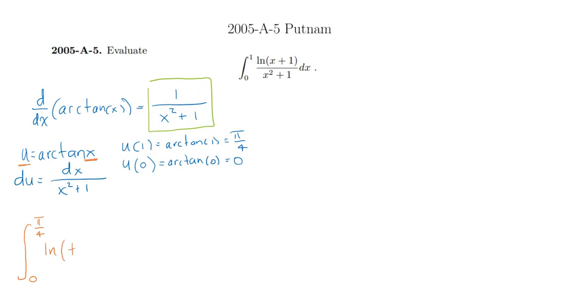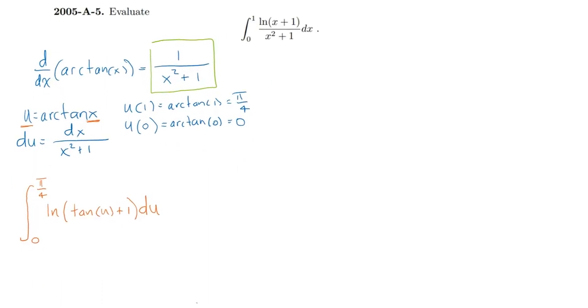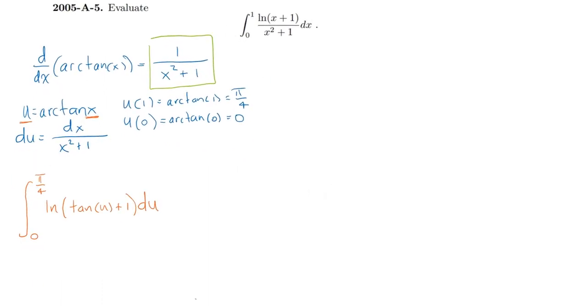So this will be ln of tangent of u plus 1. And notice the 1 over x squared plus 1 times the dx just equals du. So now we've converted our integral, and this honestly looks a lot simpler than the first one, but we're not quite in a position where we're able to evaluate it.